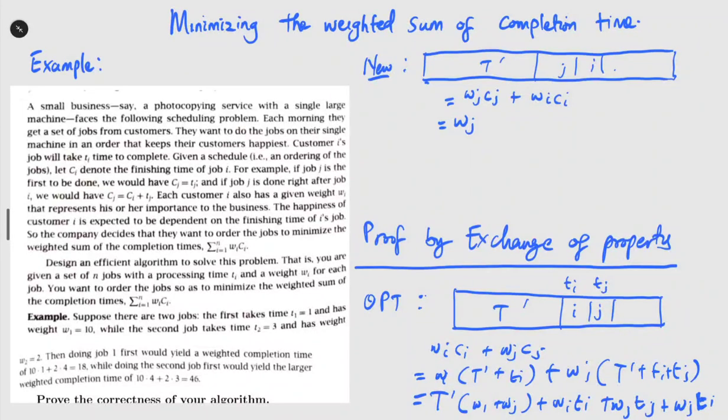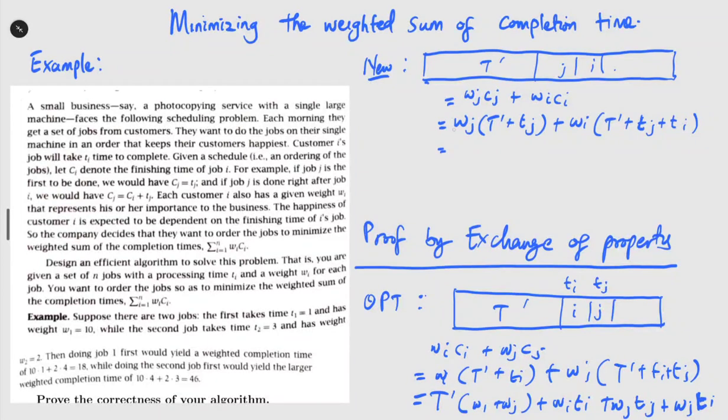Remember the formula for CJ? We talked about this at the beginning of the video. CJ, the completion time for J, will be T prime plus TJ. Then we have WI, and the completion time for I will be T prime plus TJ plus TI.